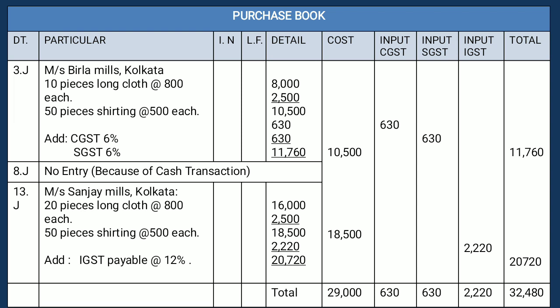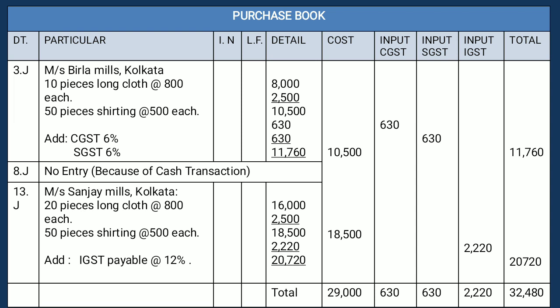When we prepare this account with GST, in the column of date we write the date, in the column of particulars the detail about the transaction, then the detail column, then the cost column, and for the GST we prepare separate columns. For GST I will take a separate lecture, it will help you a lot. At the time of purchase there will be input CGST, input SGST, and input IGST.